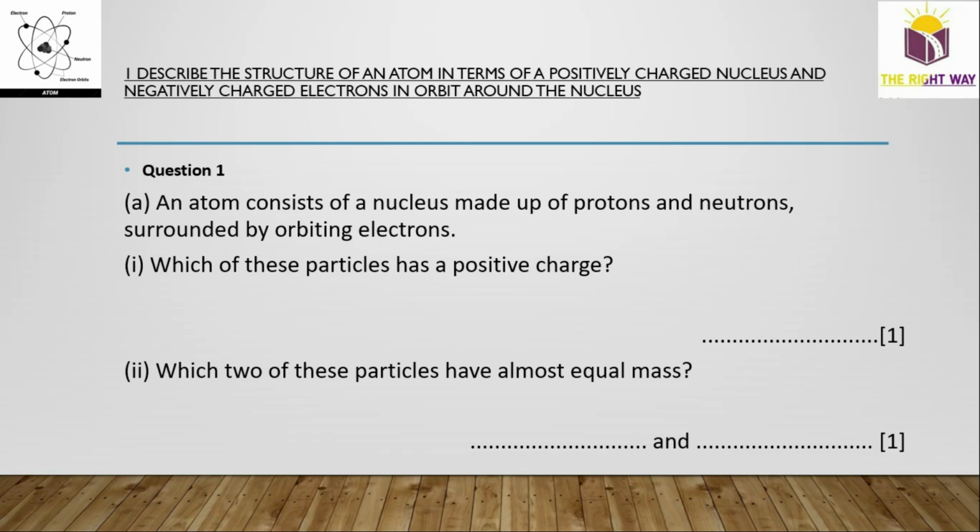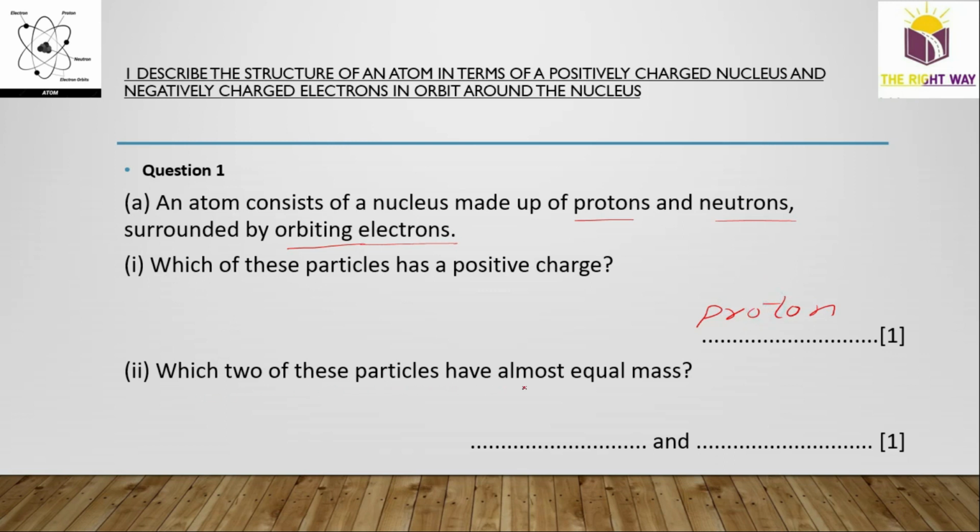An atom consists of a nucleus made up of protons and neutrons surrounded by orbiting electrons. Which of these particles has positive charge? So what are the particles? Protons, neutrons and orbiting electrons. Which have positive charge? We know that proton has positive charge.